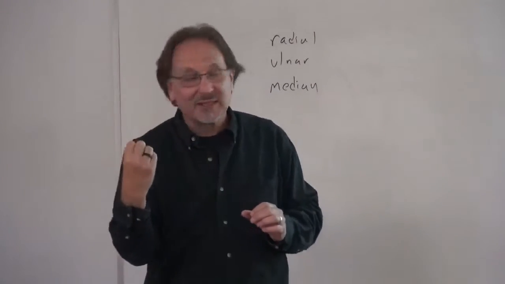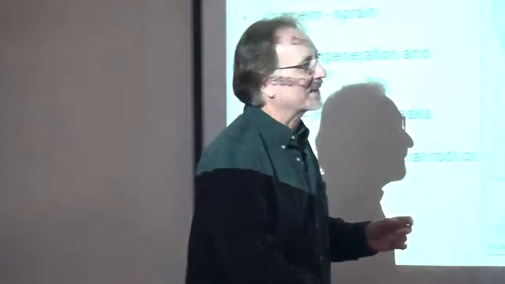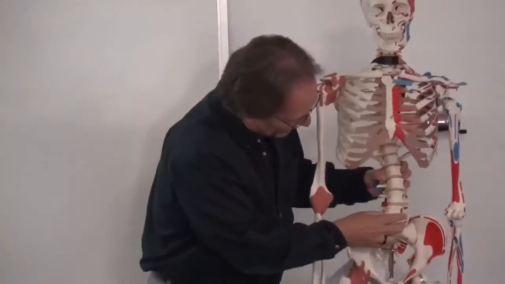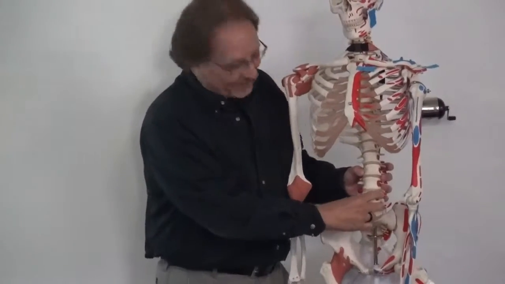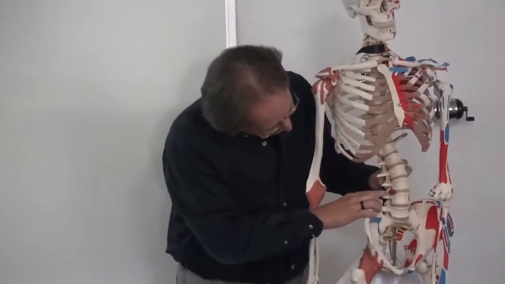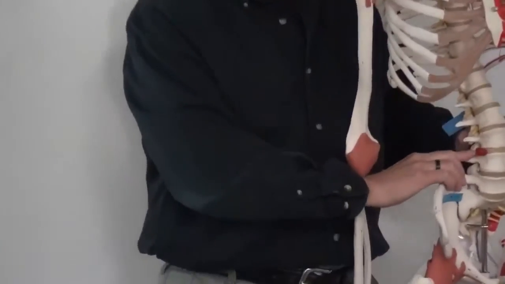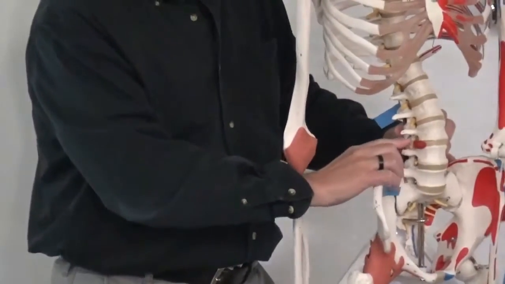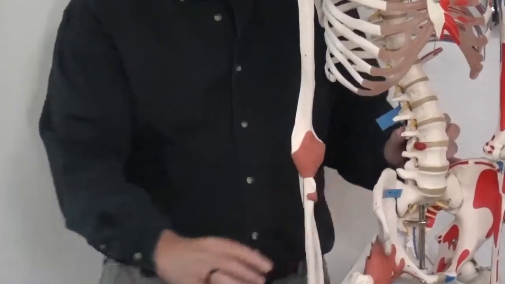What does that bulge in the disc do? Not only does it decrease the ability of the intervertebral disc to cushion between the vertebra, but look at it right there. What does it do? It compresses the nerve root. It causes pain through the compression of the nerve root.